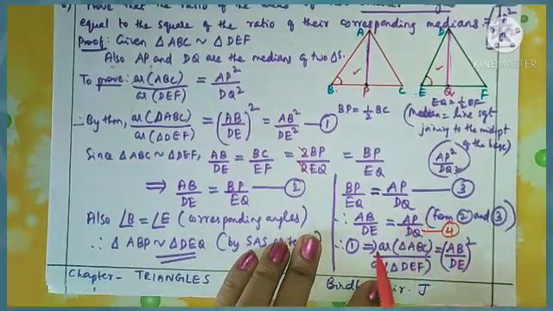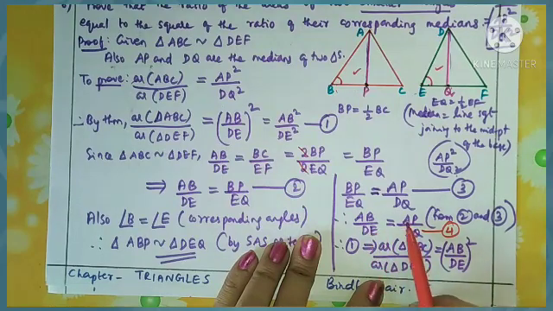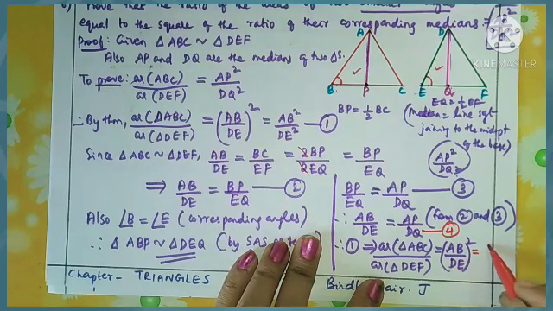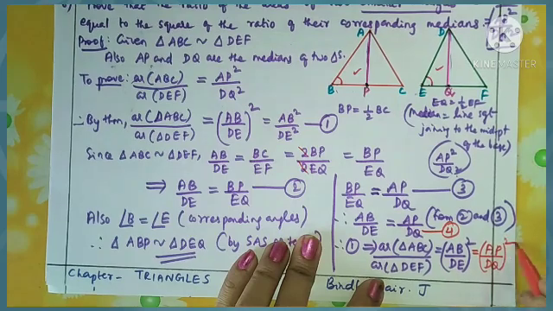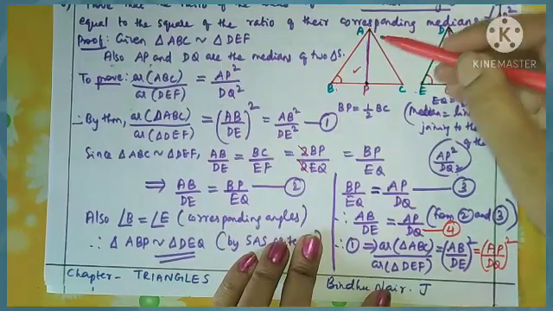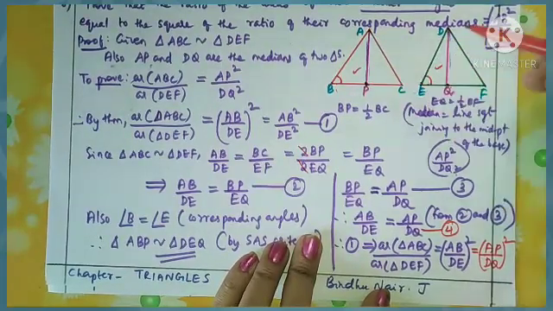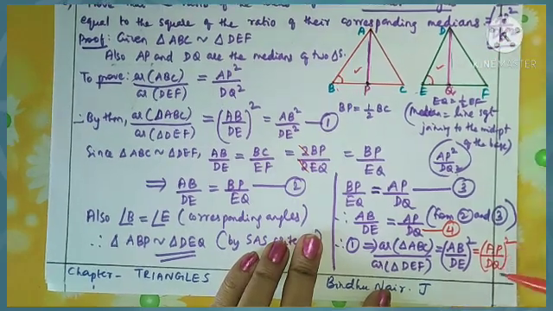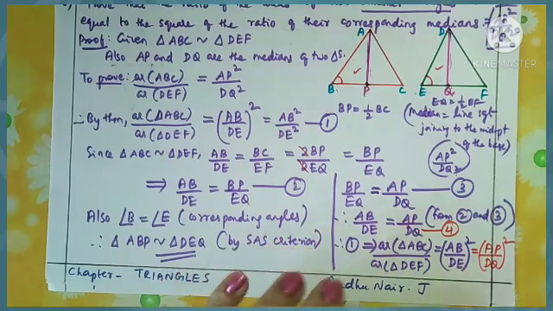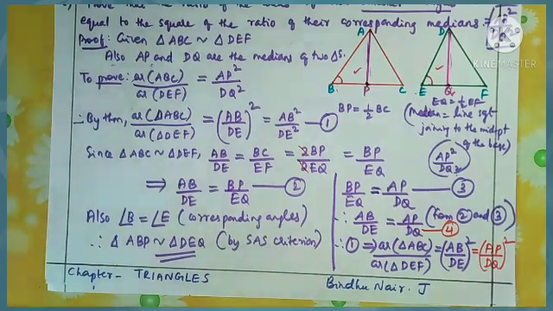By 4, AB by DE is equal to AP by DQ. So substitute here: AB by DE is equal to AP by DQ the whole square. AP is the median of the first triangle and DQ is the median of the second triangle. So what is AP by DQ the whole square? The square of the ratio of their corresponding medians. This is the required result that we want.